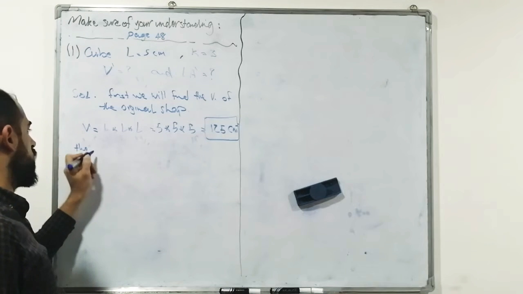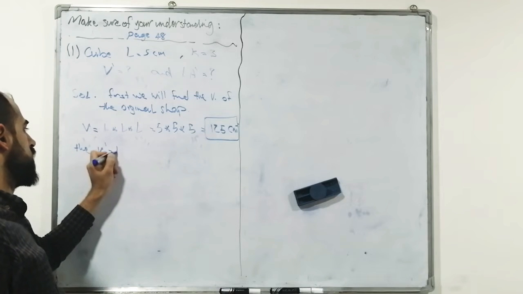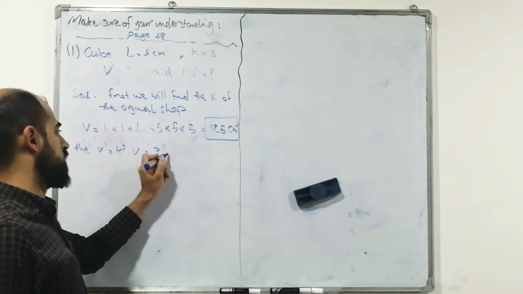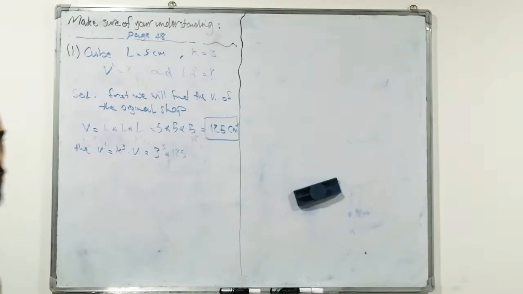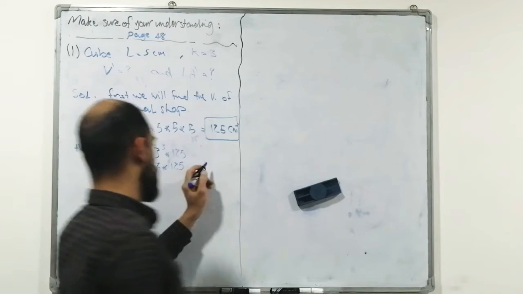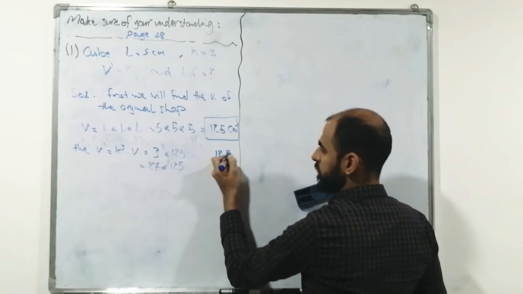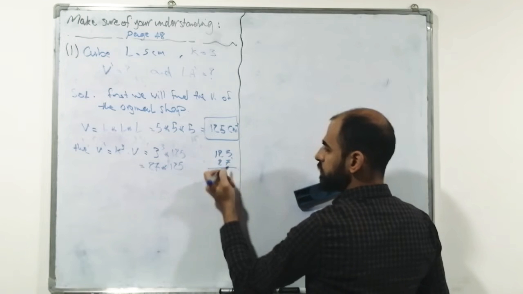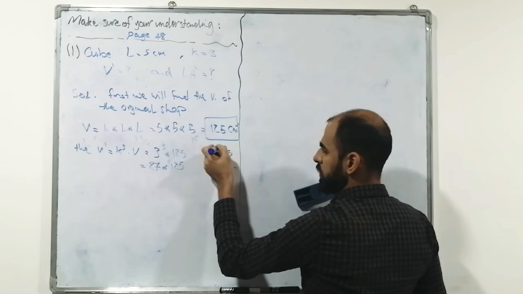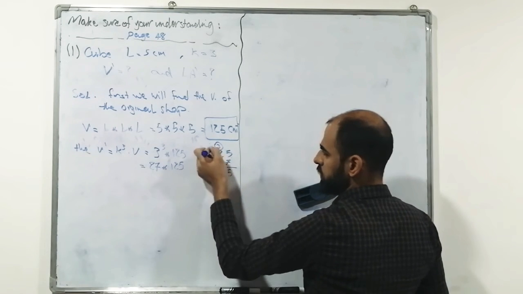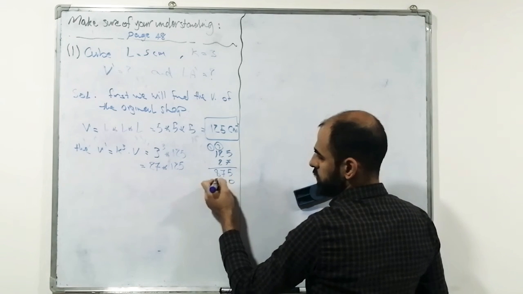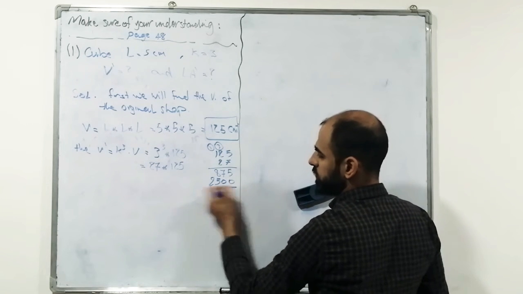Then the volume of the shape after the dilation is k to the power 3 multiplied by v. Since k is 3, 3 to the power 3 multiplied by 125. 3 by 3 is 9, by 3 is 27. 27 multiplied by 125 equals 3,375.